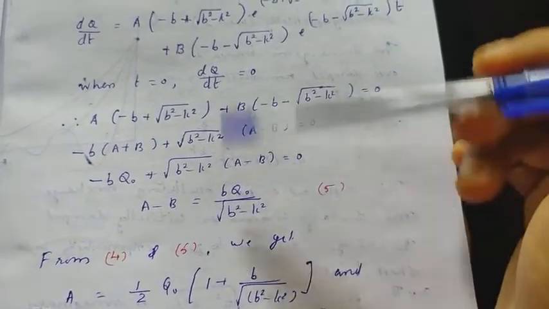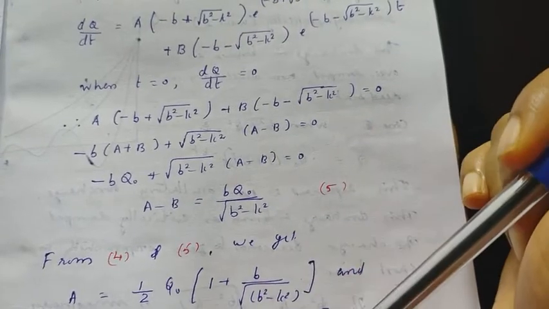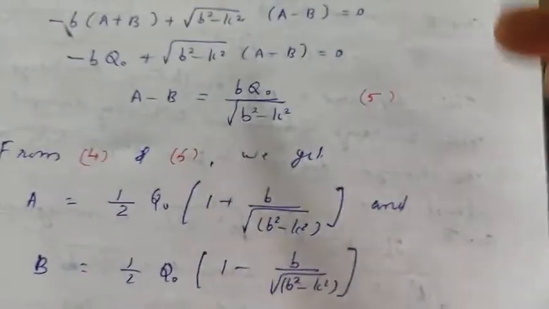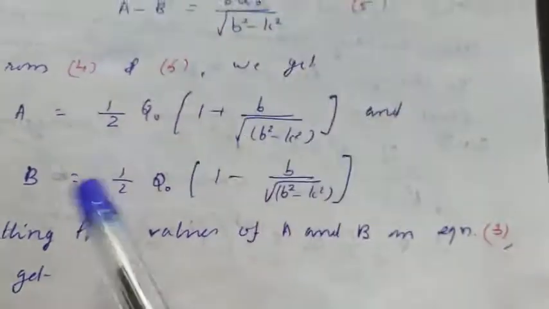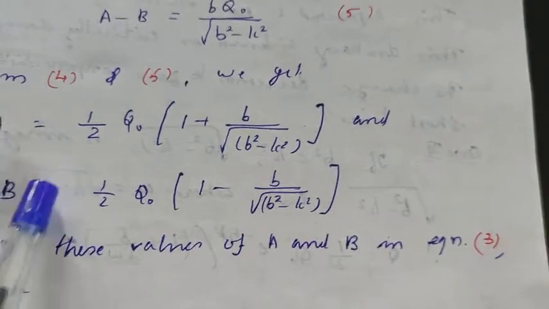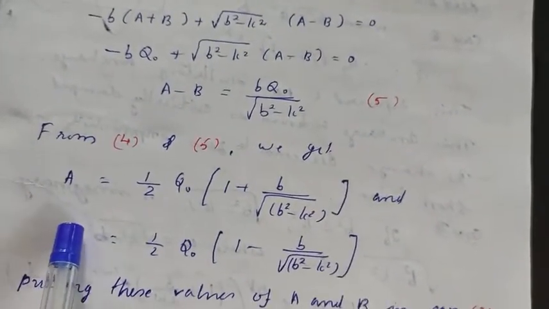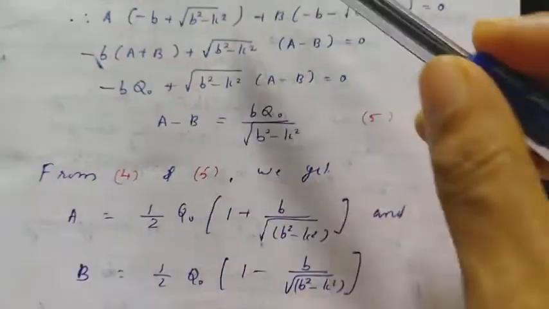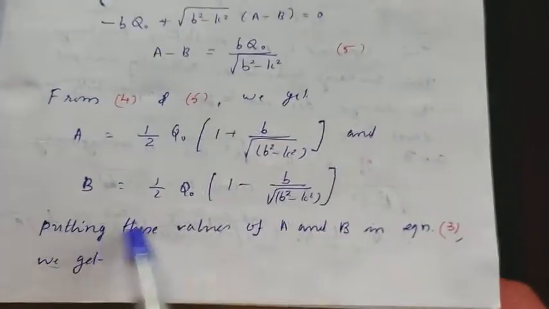You know how to solve this. Adding and subtracting will give the values. So solving this, adding and subtracting these two equations, we will get a and b. If you add, we will get a, and if you subtract, we will get b.